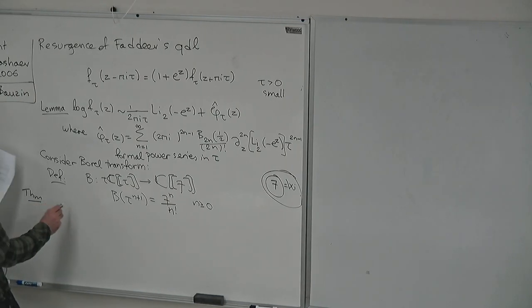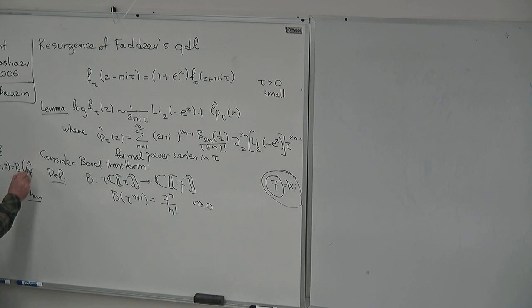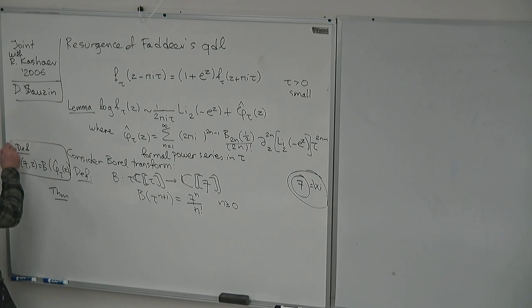Let's define the Borel transform of this power series phi hat to be a power series that depends on a variable xi and on z. And the theorem is a formula for this function.